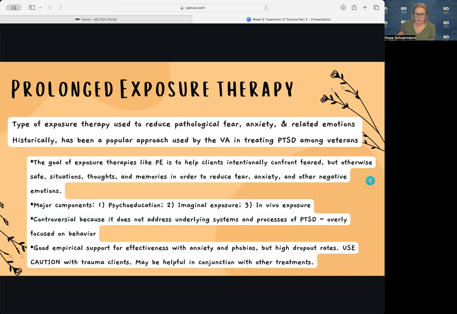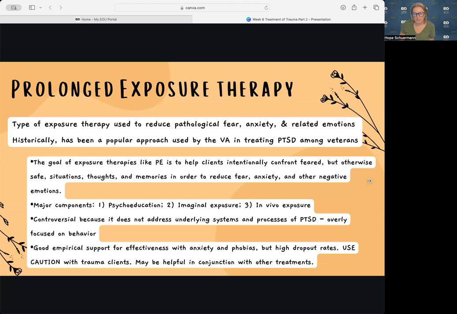However, it also has about a 40% dropout rate because it can be very difficult for a person to get through those initial exposure sessions. And so even though it's titrated through psychoeducation, imaginal exposure, and then in vivo exposure, sometimes that can still be too much for clients.